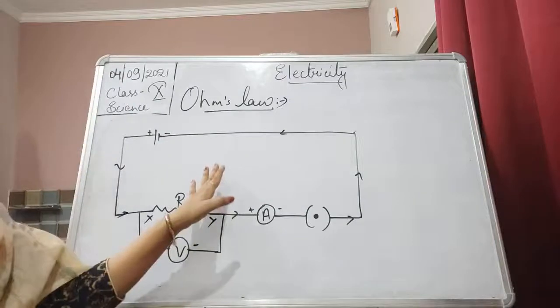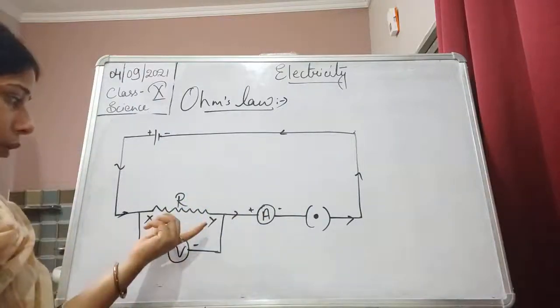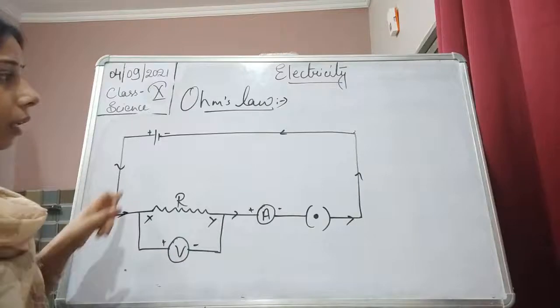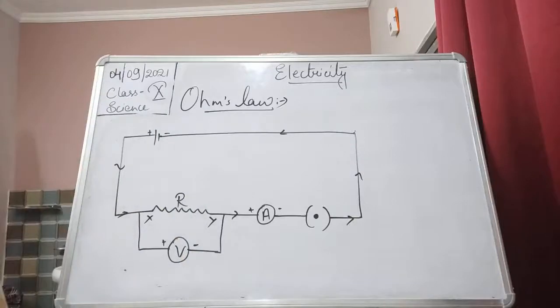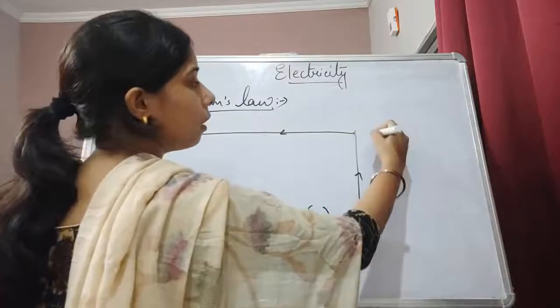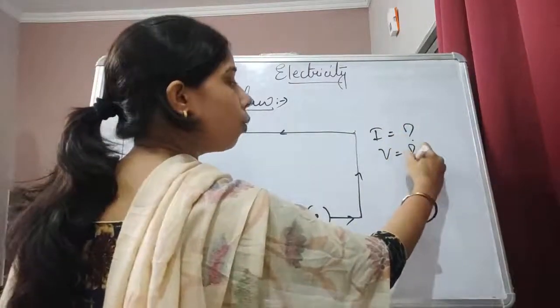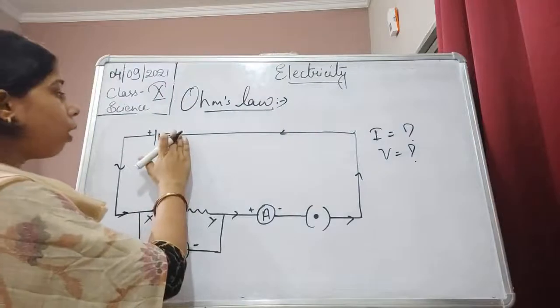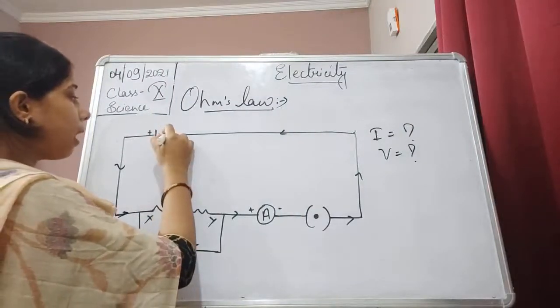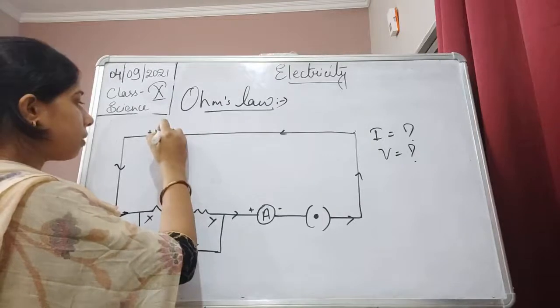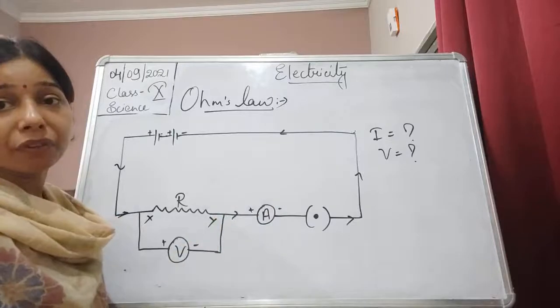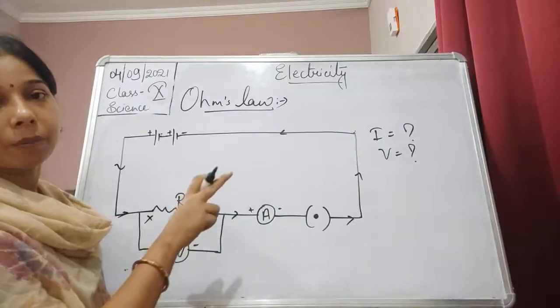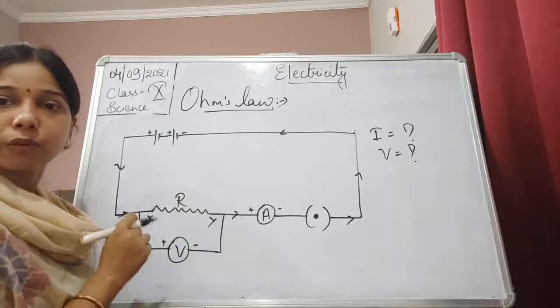So we have used a nichrome wire, X and Y, and when the current starts flowing through the circuit, students, we will note how much current flows here, what the current will be, and what the voltmeter reading will be, in the first cell. Now again we will add another cell to it, with a plus here and a negative charge, and again we will note down the value of the current and the voltage on the ammeter and the voltmeter.